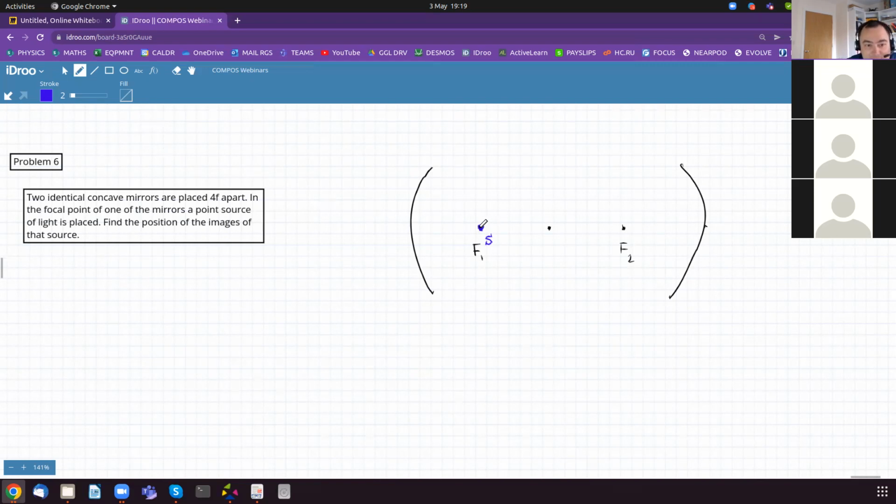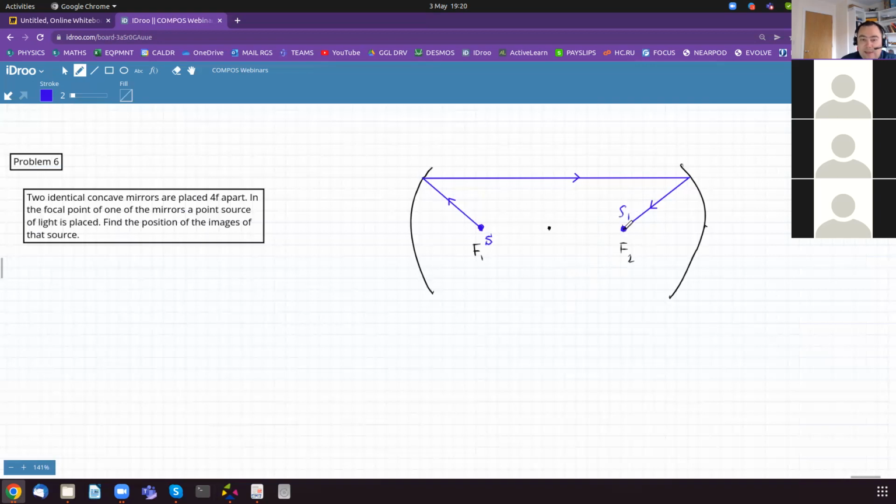Point source of light, and now we draw a line. We know that a beam coming from the focal point will go parallel, and then into here. So that's going to create an image at this point, S1.